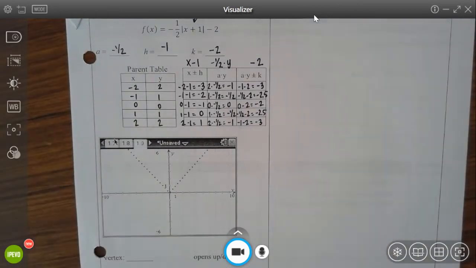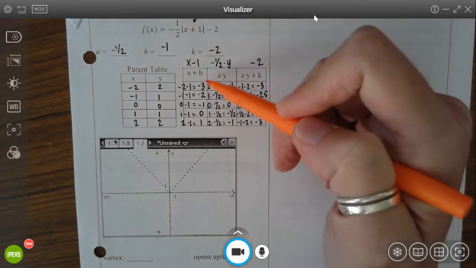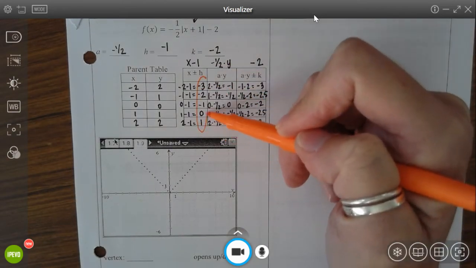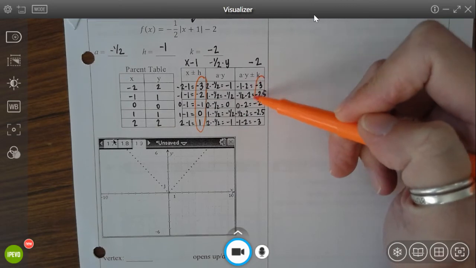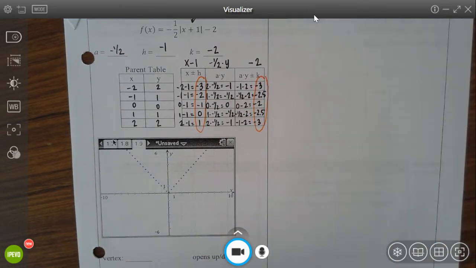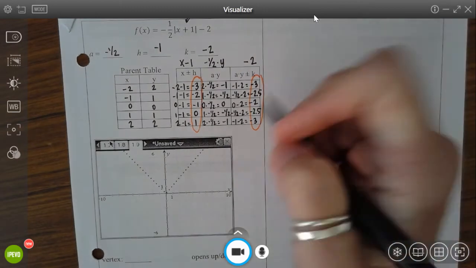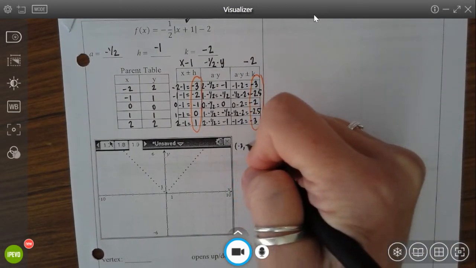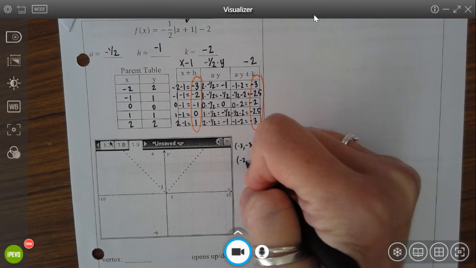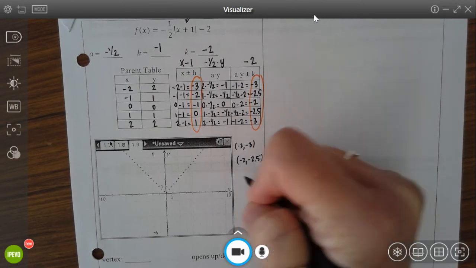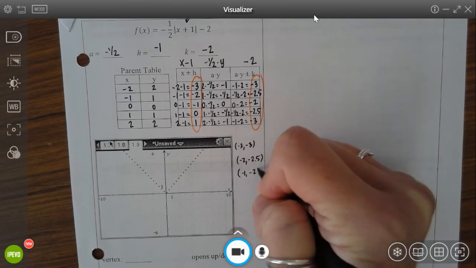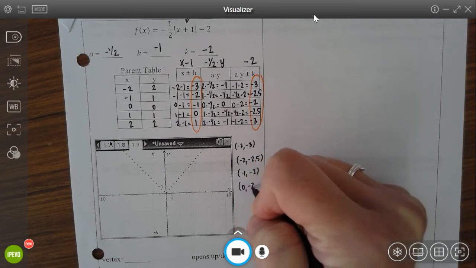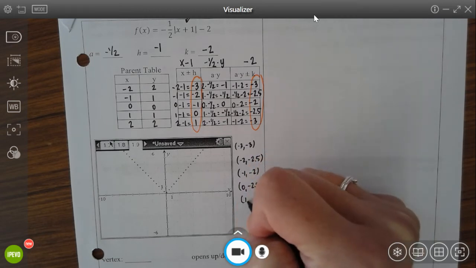So when you're doing your actual graphing, your x values are going to come from this x column over here, and your y values are going to come from the numbers that we just calculated. So the ordered pairs here end up as (-3, -3), (-2, -2.5), (-1, -2), (0, -2.5), and (1, -3).